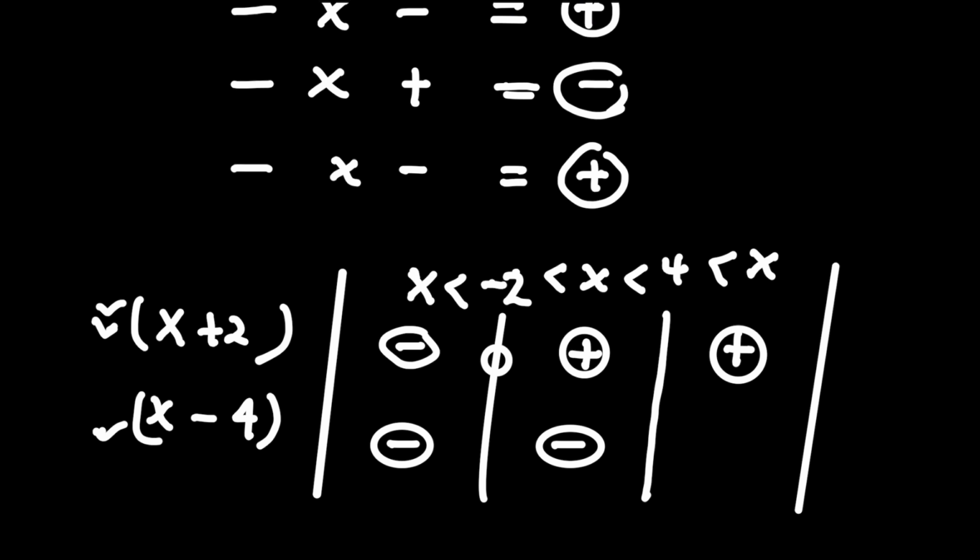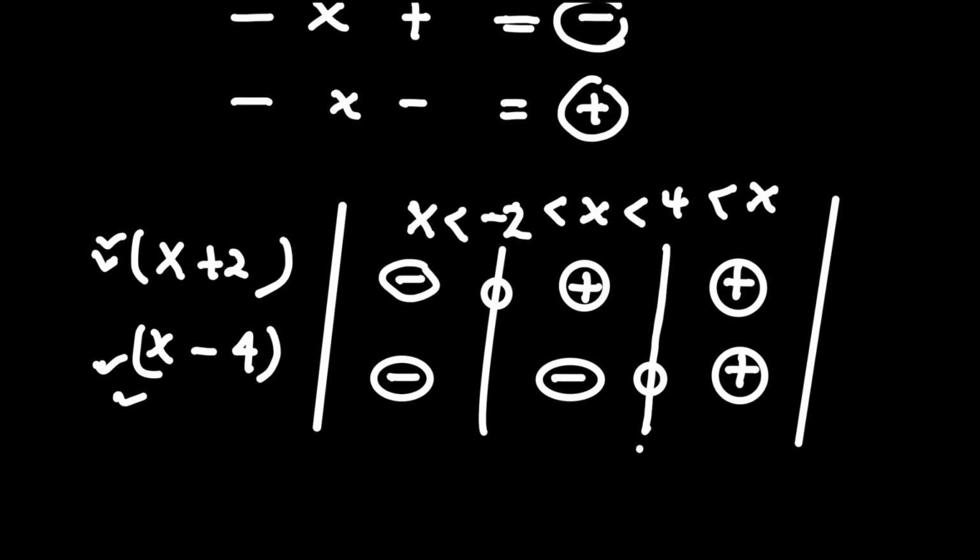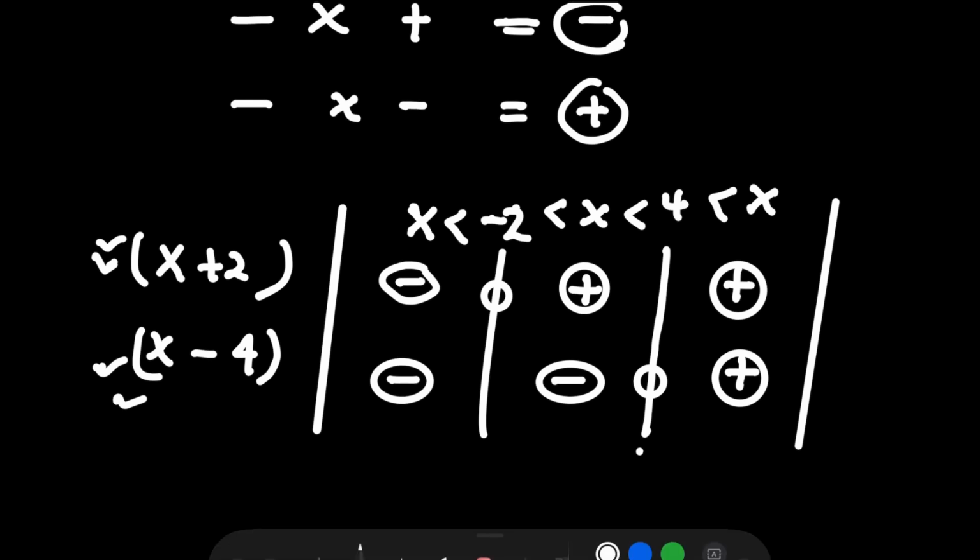And then at 4, 4 minus 4 is going to be 0. And then any value of x that is greater than 4, let's say 10, 10 minus 4 is going to be a positive value, right?